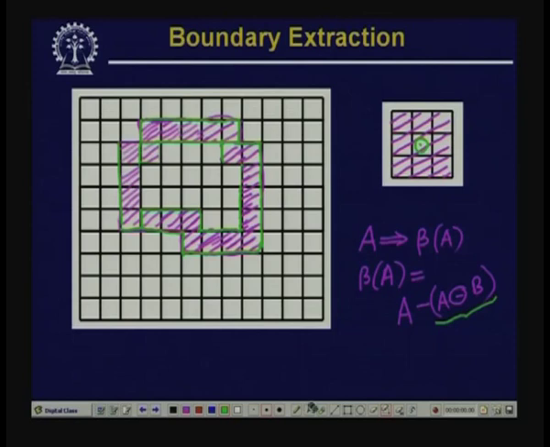So finally, what we are left with, as is obvious from this figure, is the boundary of the object region.